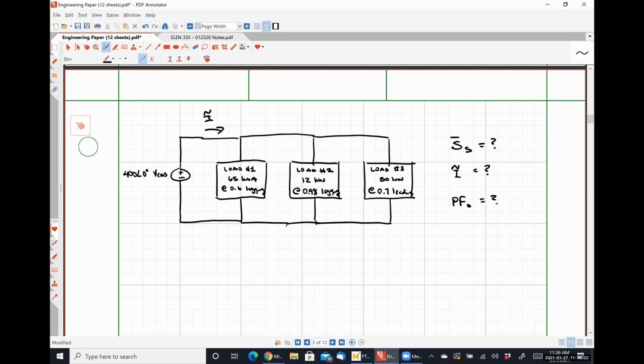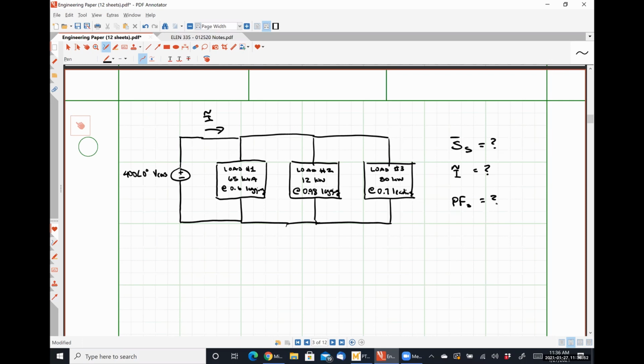So we are told that load 1 absorbs a particular amount of, is it apparent power, reactive power, or average power based on the units here. So a kVA is apparent power, right? Or volt amperes are for apparent power. So we have the magnitude of the complex power and we have the power factor. So that should be enough for us to get the complex power absorbed by load number 1.